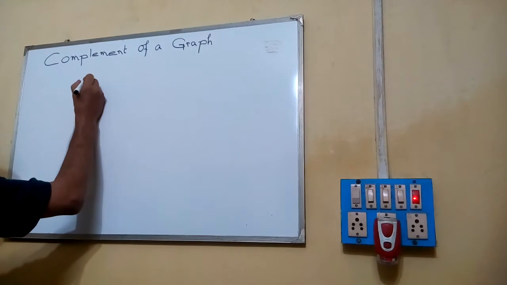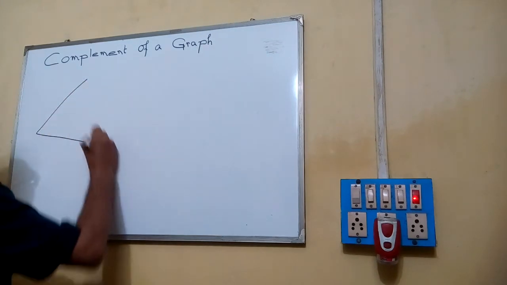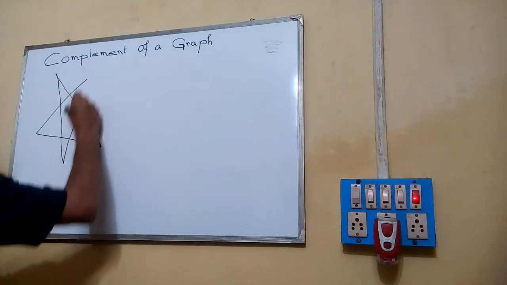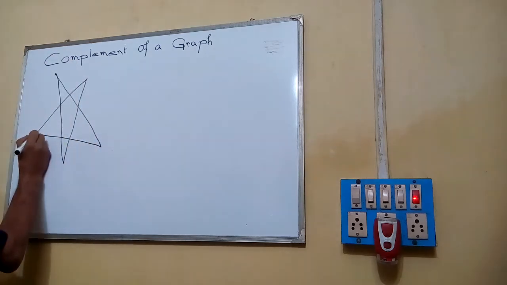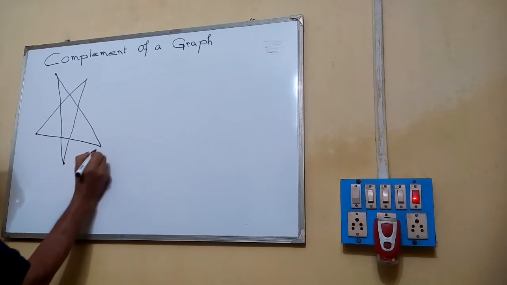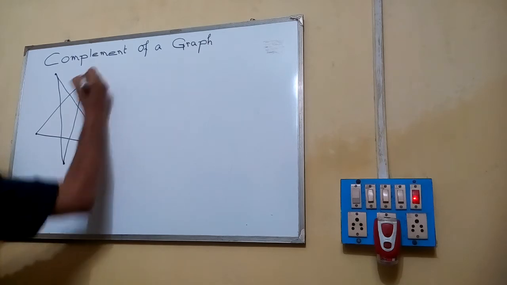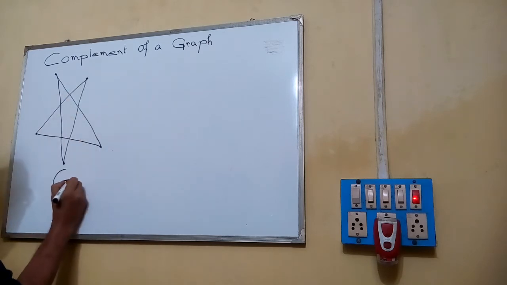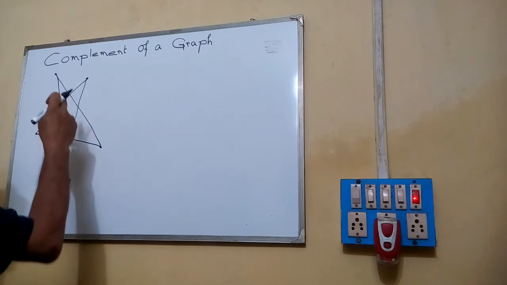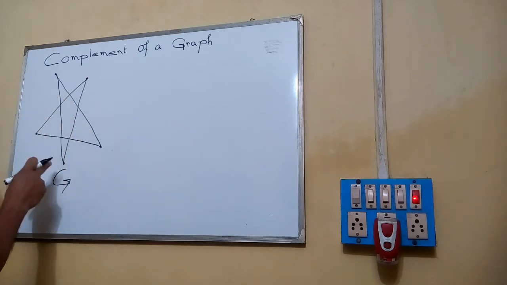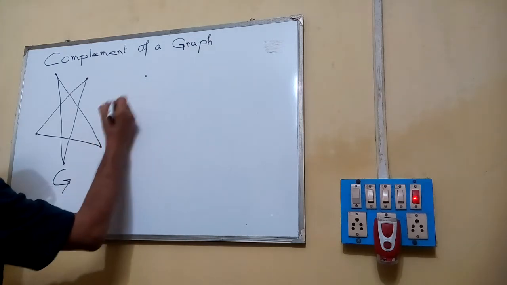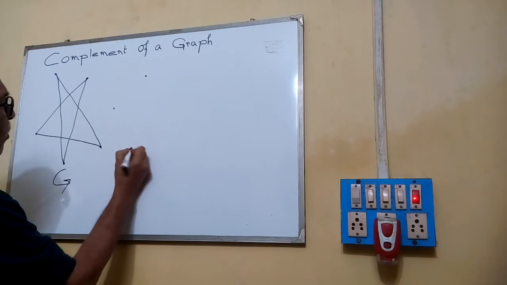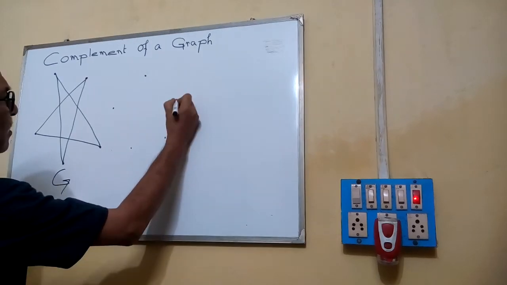Suppose this is a graph G. This is our G. How many vertices are there? 1, 2, 3, 4, 5. First, let us draw a complete graph of 5 vertices.